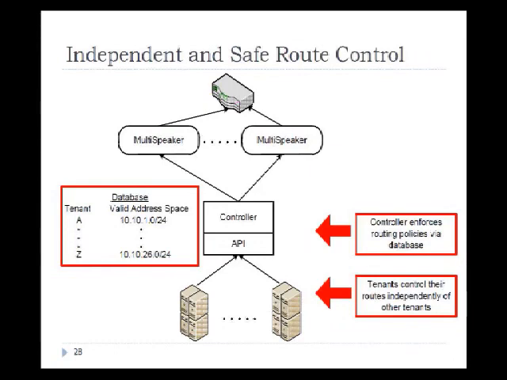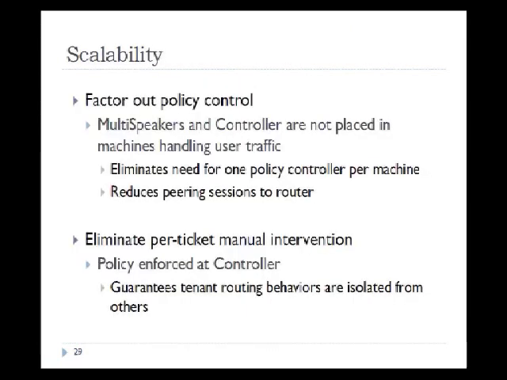And the database will look something like the red box on the left, where you have a list of tenants. And for each tenant, there is a valid address space in which the tenant can manipulate their routes. So for example, if a tenant wants to manipulate a route in the address space of 10.10.26/24, the controller wouldn't honor that because Tenant A is not allowed to do so.